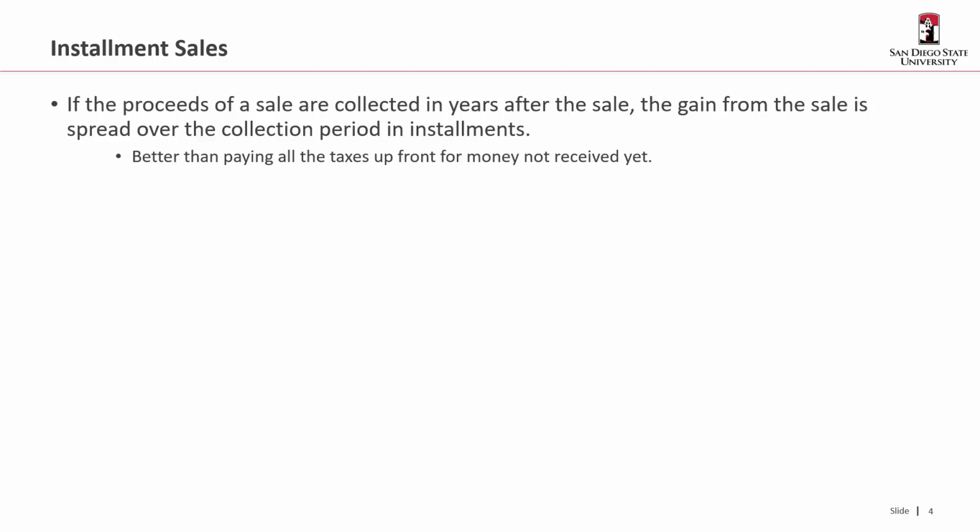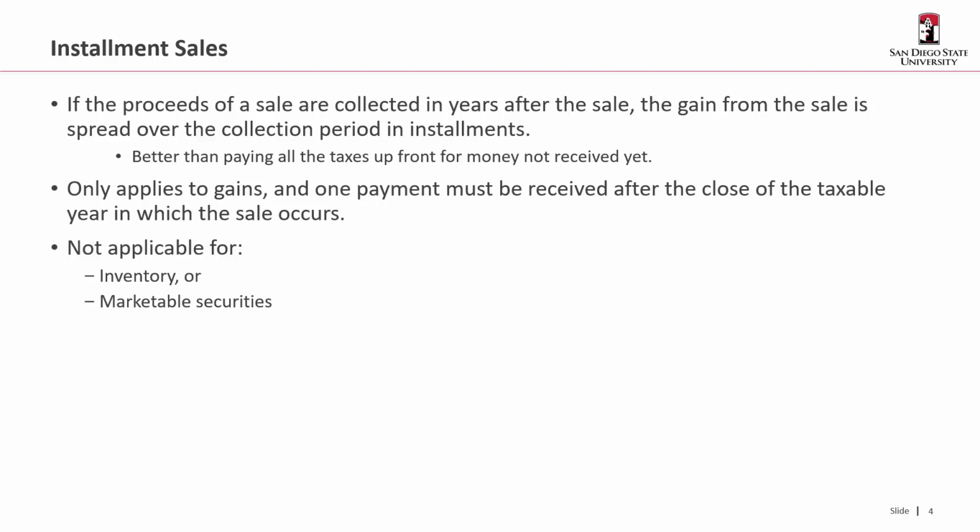Well, to tax you on the entire gain in the year of sale isn't reflective of ability to pay. And so this installment sale treatment affords the taxpayer the opportunity to spread the gain from that sale out over the collection period rather than have it all be taxed in the year of the sale. And clearly this is better than paying all the taxes up front generally because you will not have received all the monies that are contributing to the gain yet.